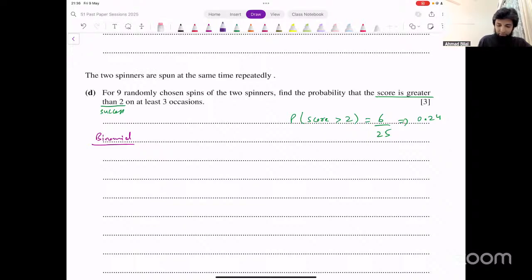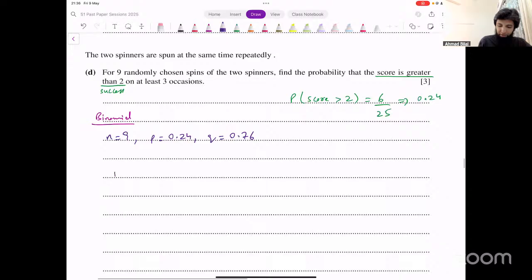That's n, which is equal to 9 in this case. The probability of success remains the same, 0.24, and the failure therefore would be 0.76. We want to find the probability that x is greater than or equal to 3. At least 3 occasions means it's greater than or equal to 3. It could be 3 or greater than that, right?